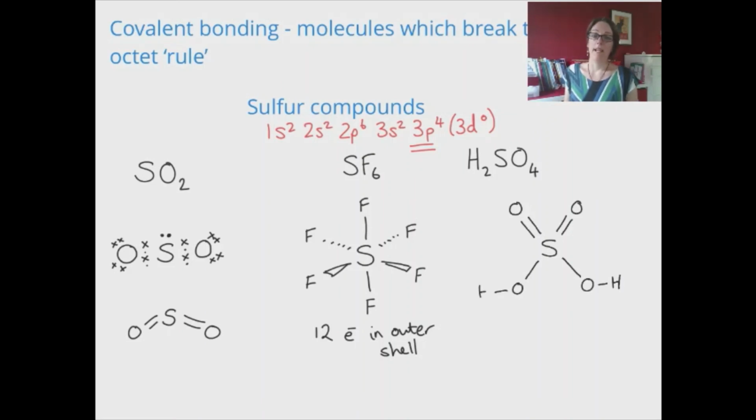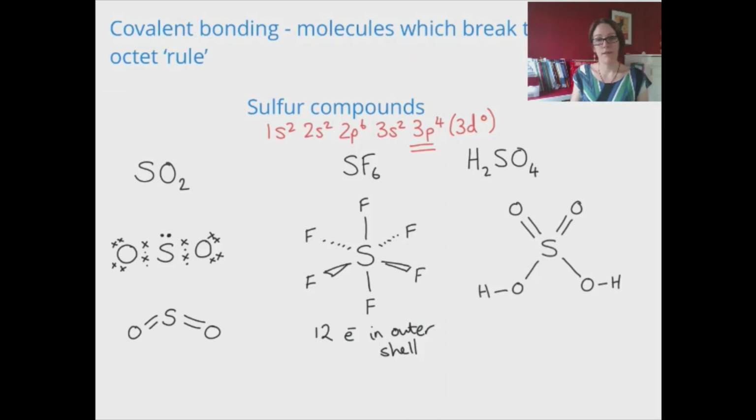Again, unlikely you would have to draw a dot and cross diagram for that. But what we have there is all of our oxygens doing exactly what oxygen always does, forming 2 bonds, either a double bond to the sulfur or a single to the sulfur and 1 to the hydrogen. And that's going to be useful when we look at how to draw the structure of a sulfate ion, which we are going to do by dot and cross diagrams.